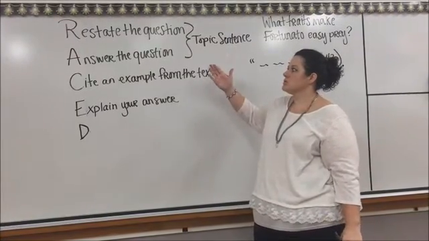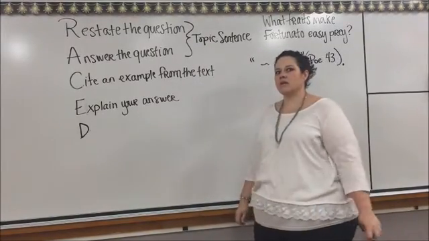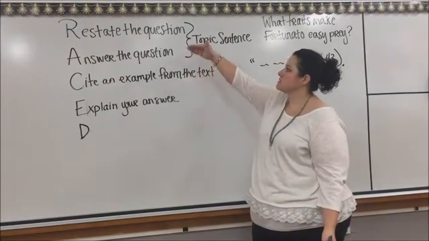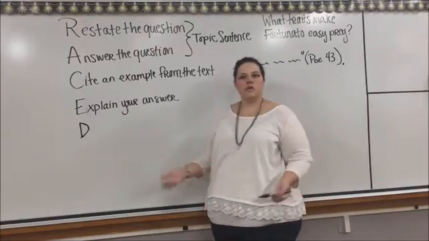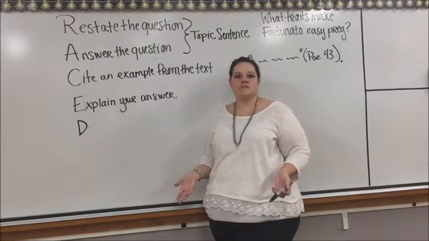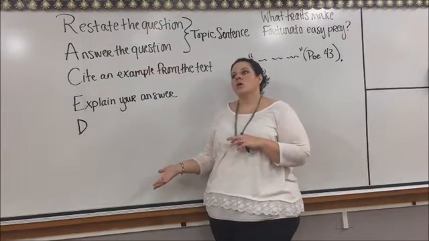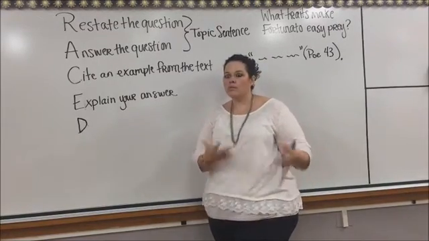But if you just restate the question, and you've answered it, and you throw some evidence out there, but then you don't explain how your evidence relates to your answer, your reader might not follow your train of thought. They may get lost. We don't all think the same. So they might not understand how your evidence followed your answer.